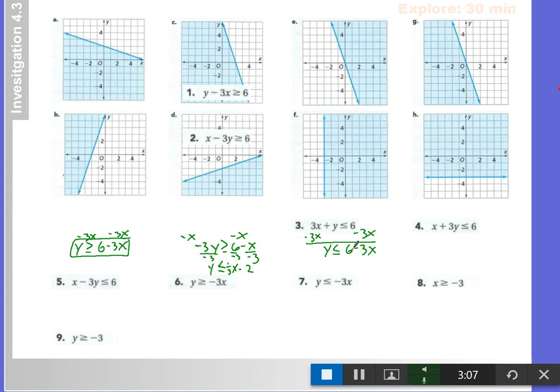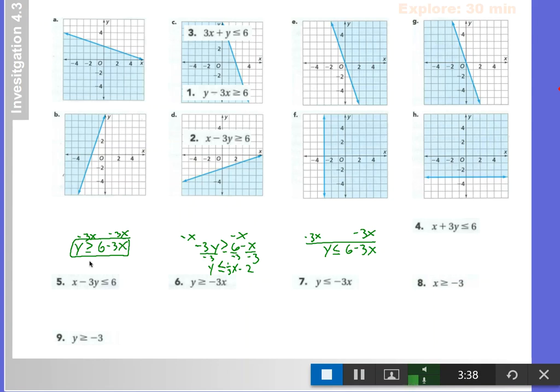But wait a second. Oh, I see trouble in paradise, folks. Because if I put this here, notice how we also have a y-intercept of 6 and a negative slope. But these two signs are not the same, are they? So I do have to worry about the shading.